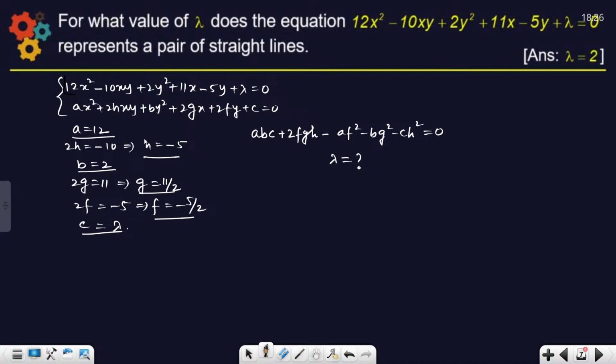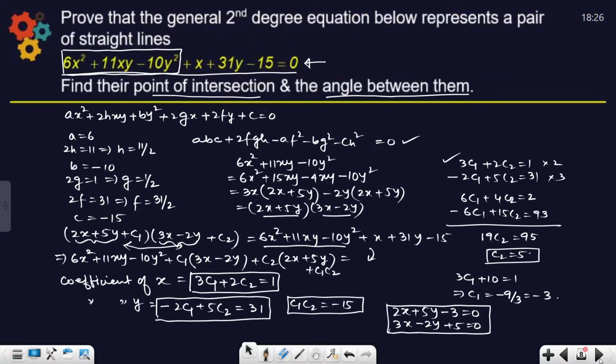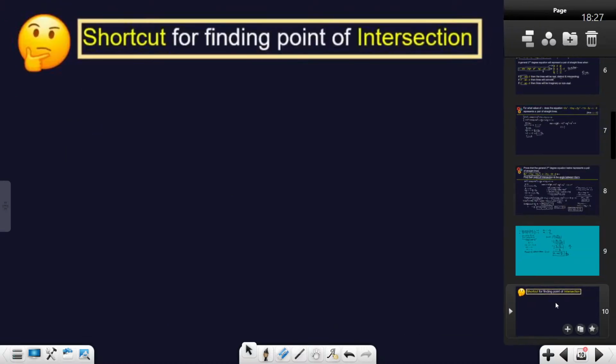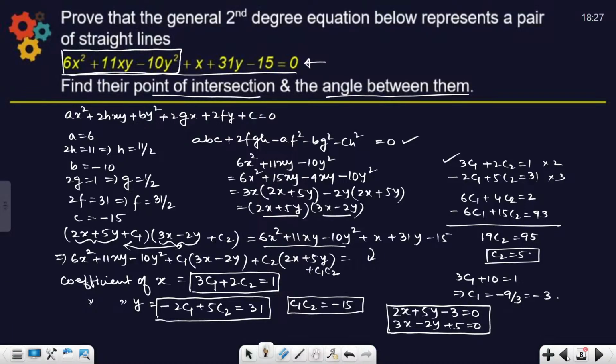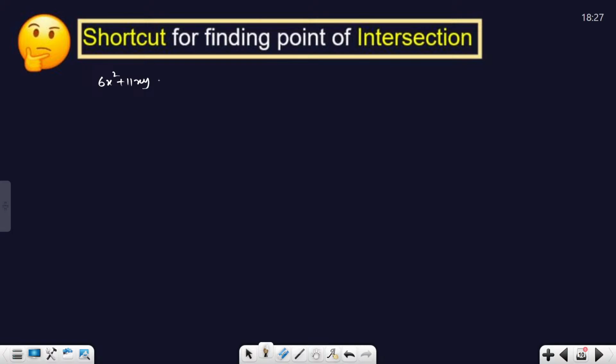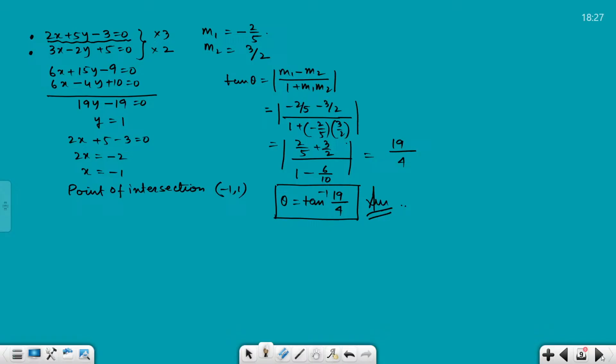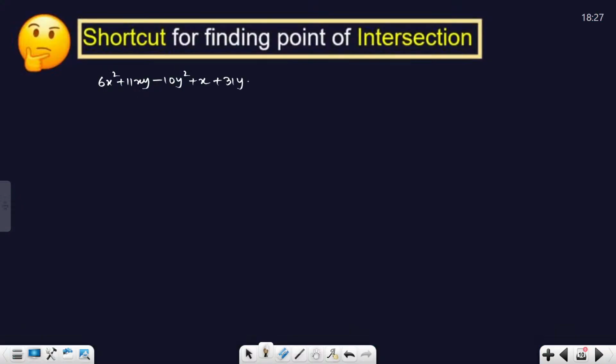No, I cannot copy this one, so I have to write it again. 6x squared plus 11xy minus 10y squared plus x plus 31y minus 15, right?